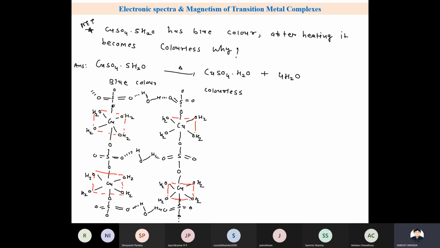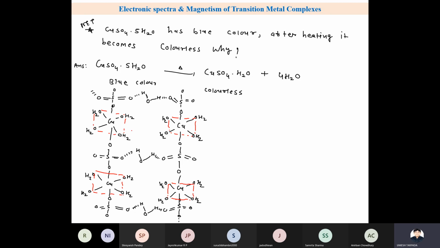So what happens? See, after heating, water molecules get lost. So copper sulfate, once you heat it, loses the water molecules, and therefore it also loses the octahedral and tetrahedral geometry. So there is no splitting of the orbitals, because splitting of d orbitals takes place in octahedral and tetrahedral geometry.